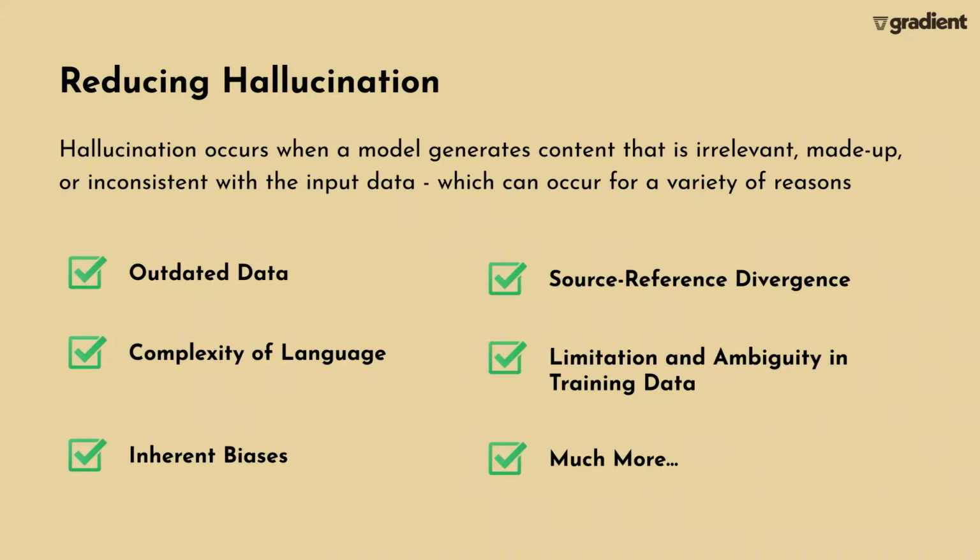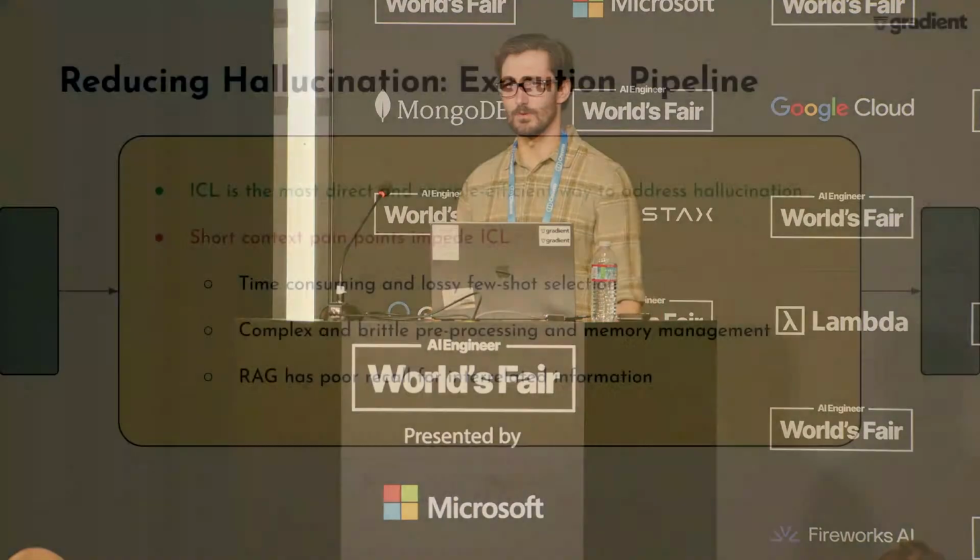Another one is a lot of the training data practices require automated data collection, and if there's ever inconsistencies or bugs in that data collection, you can get source reference divergence, right? So the model is just trained on data that doesn't quite make sense. And there's a few other reasons. All of these can encode information in the model's memory banks that isn't quite accurate, and that'll cause the model to hallucinate.